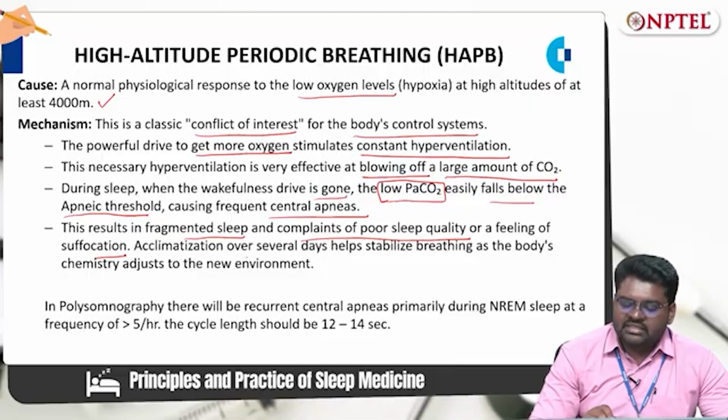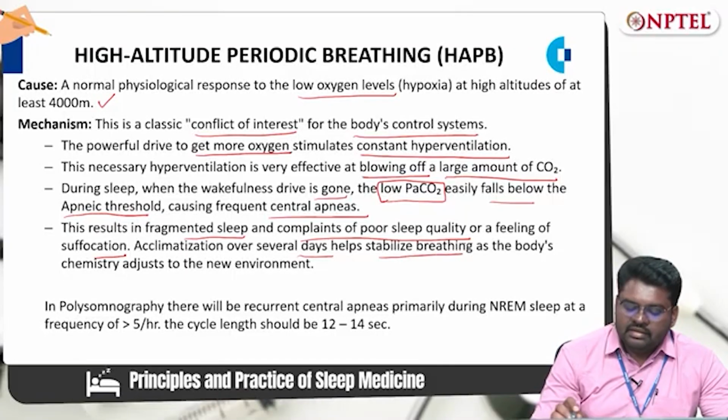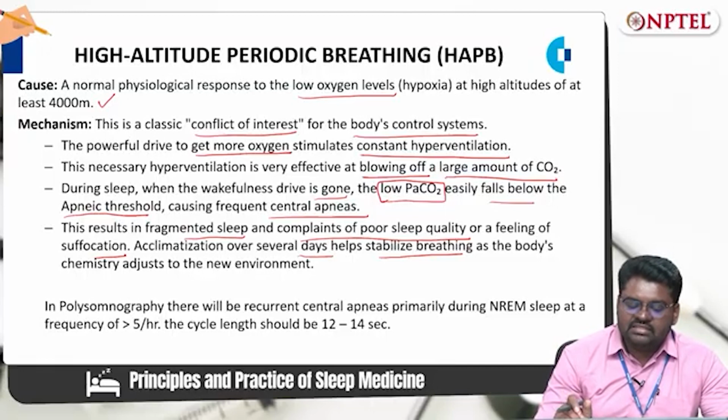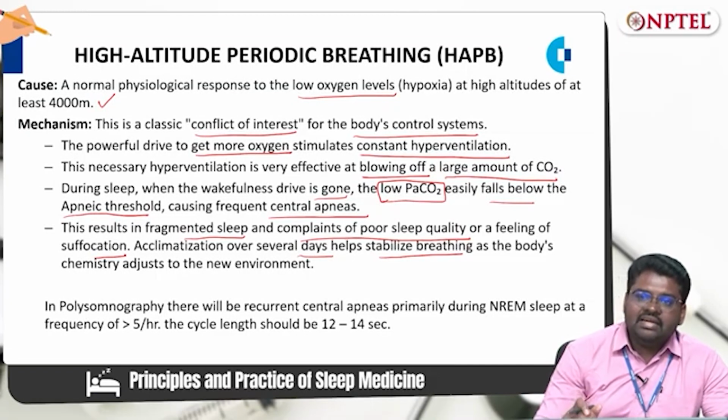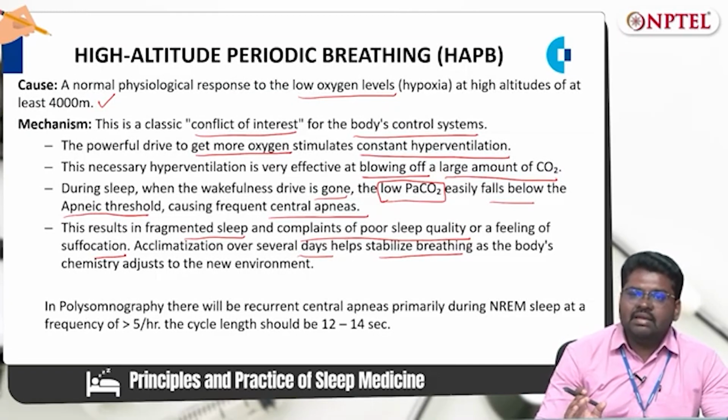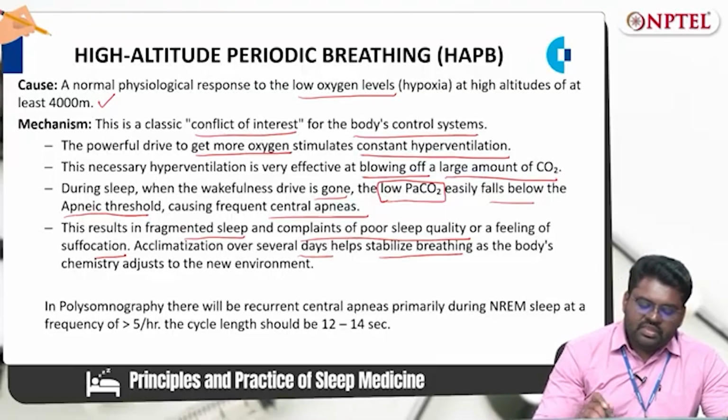So acclimatization over several days helps to stabilize breathing. So we say that the patient should climb at a slow pace, that is, he should acclimatize at a particular height, then climb again, with acclimatization of the breathing.